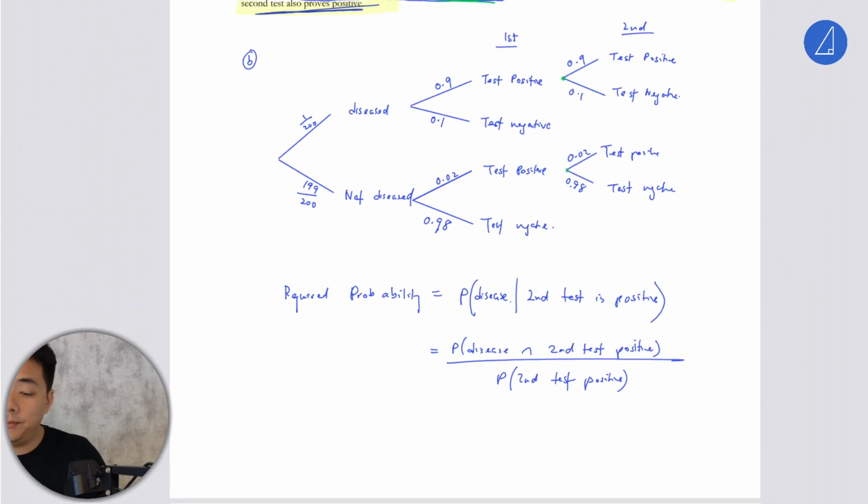Okay, as a data analyst, do you want this probability to be as high as possible or as low as possible? If you call somebody back, you jab him twice. Zap. They are both positive on the second test, right?